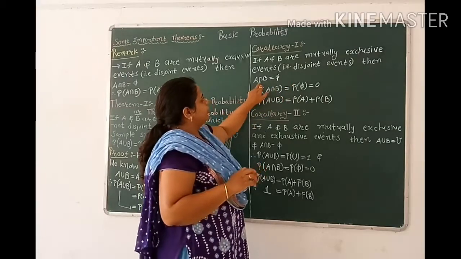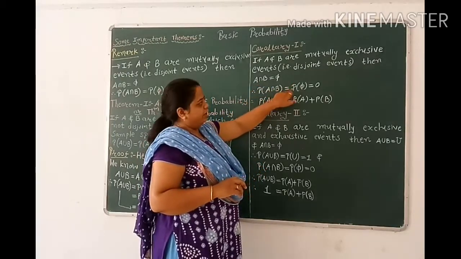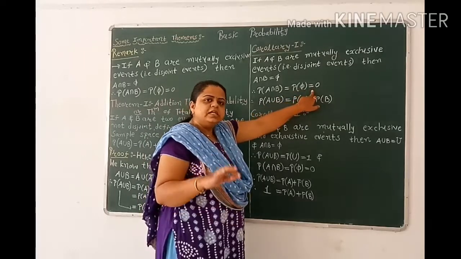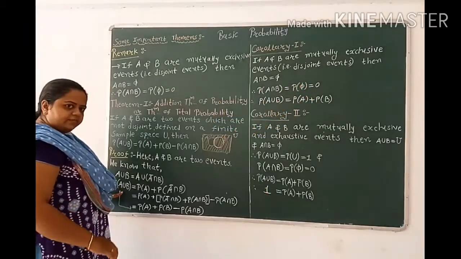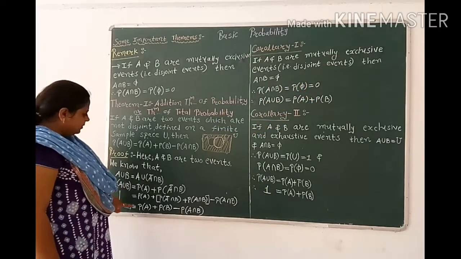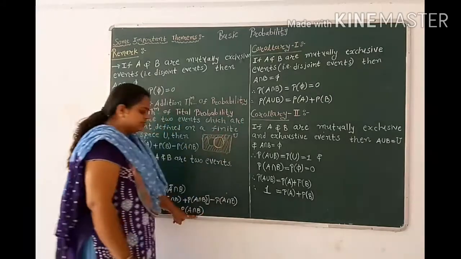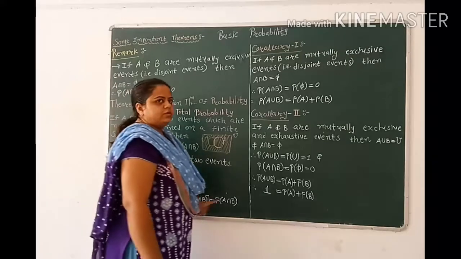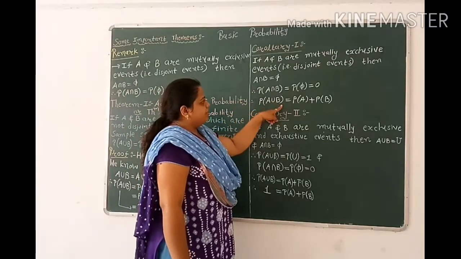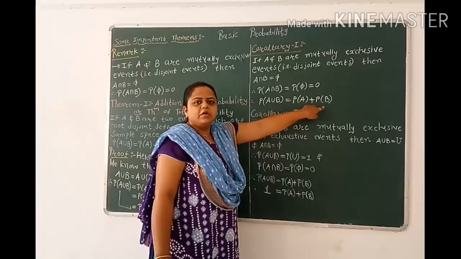So probability of A intersection B equals P of phi equals 0. So the statement of the theorem becomes P of A union B equals P of A plus P of B.